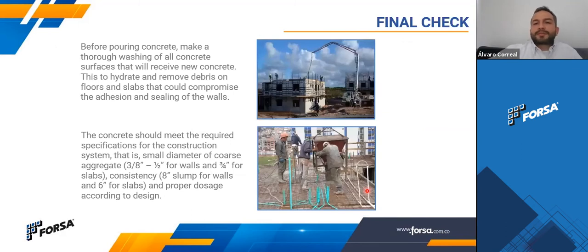Before pouring the concrete, you can also use a jet, like these washers with pressure, and you can wash all the surfaces that will receive the new concrete and remove the debris, and you will hydrate the concrete that is going to be poured.